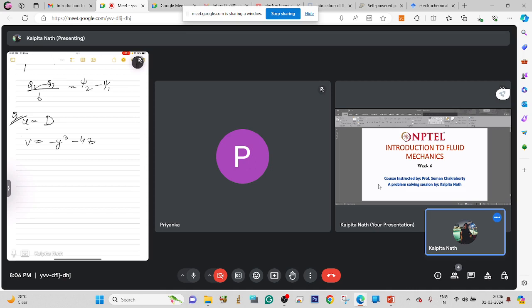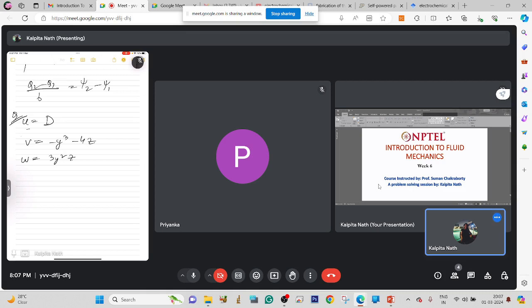And the z component is given as 3y squared z.